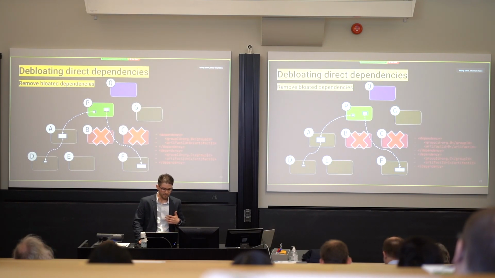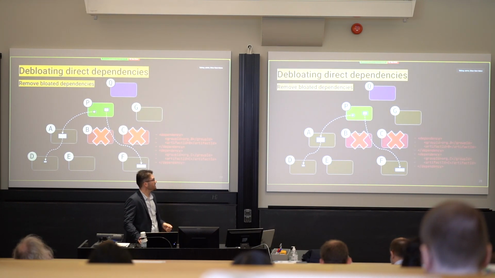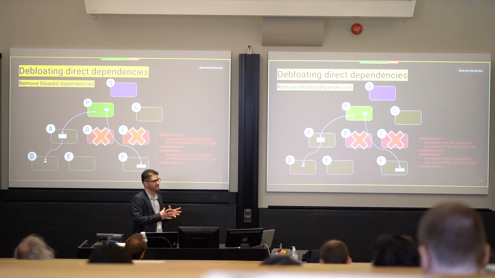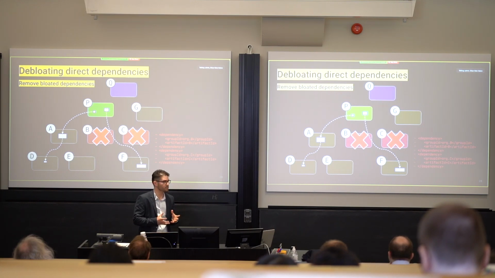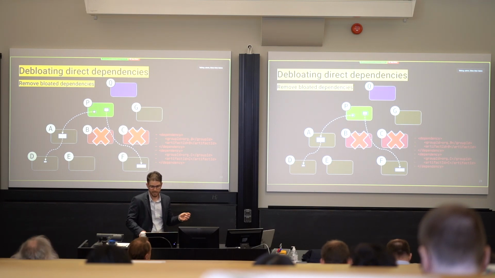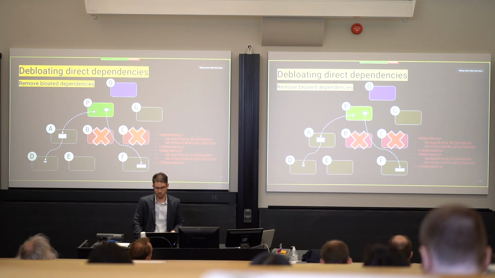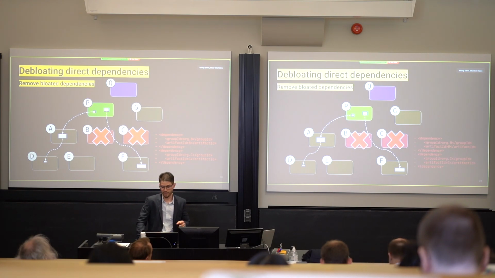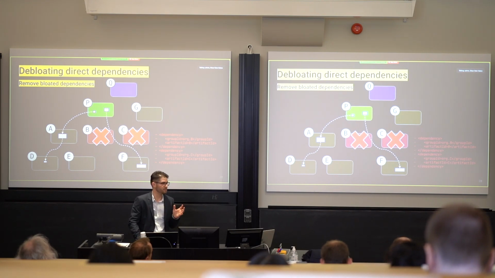And as you can see, once you have this knowledge about the parts in the dependency that are actually necessary, then you can proceed to remove the dependencies that are just bloat. And in this case, for removing the direct dependencies, it is just removing the declaration in the POM file.